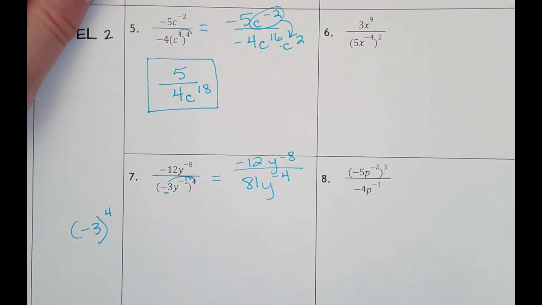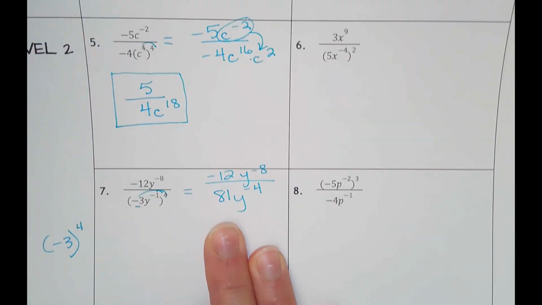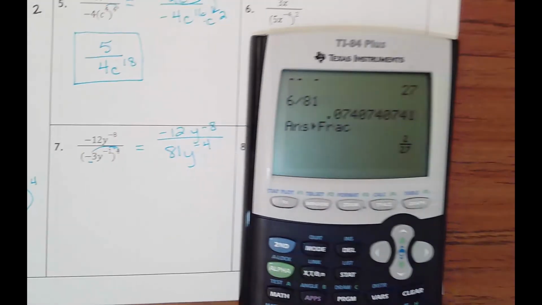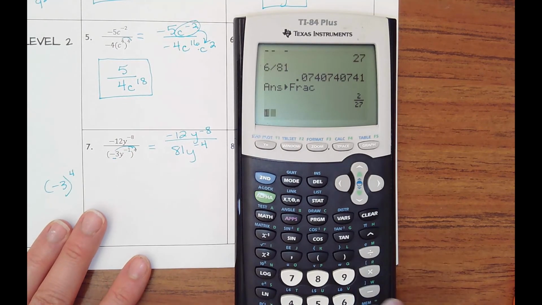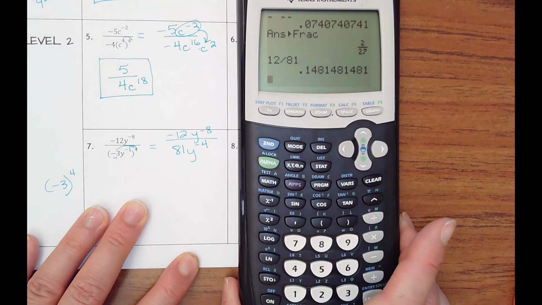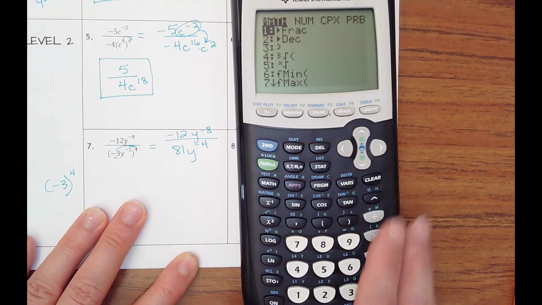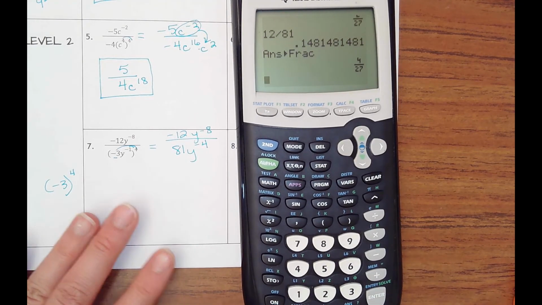Okay, and then my job is just to simplify. So here again, I know what a common factor of 12 and 81 is, but say you don't want to figure that out. Get on your calculator. I don't even care about the negative, 12 divided by 81, enter. Okay, yep, it's decimal. Hit math. First option's fraction, hit enter, enter, and you get 4/27.